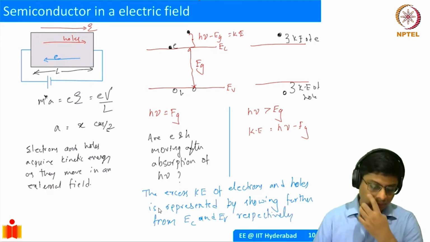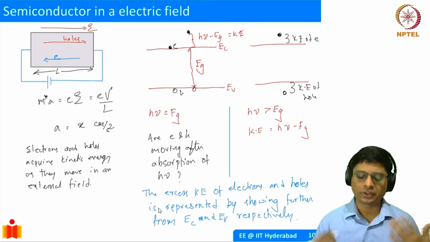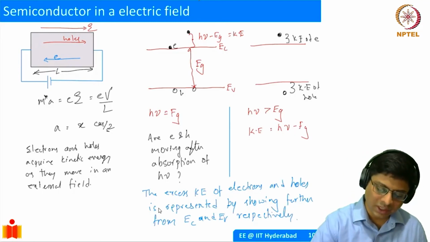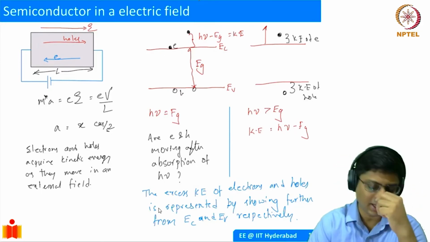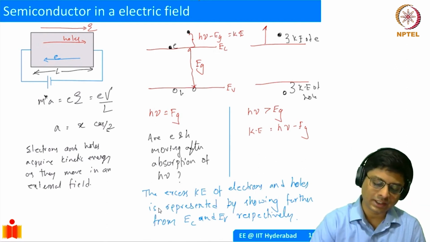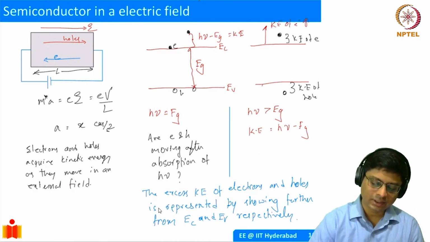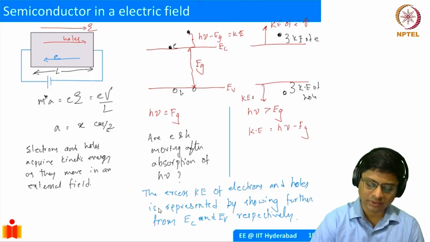So what we are saying is, as kinetic energy of the electron increases, it's going to move away. If you show the electron deeper in the conduction band, that means it has a higher energy. Kinetic energy of electron increases, and here Ke of hole increases.